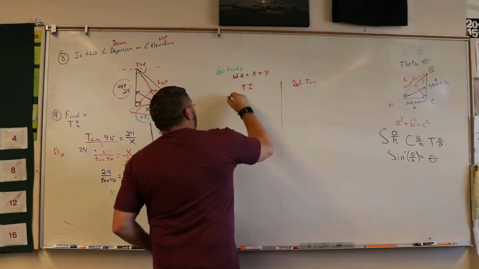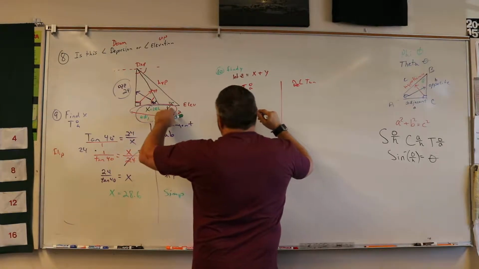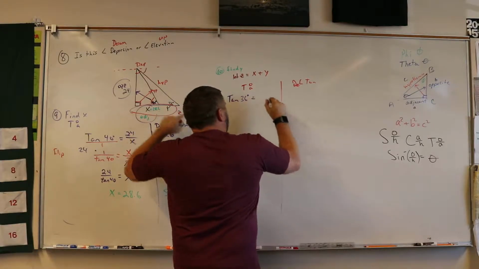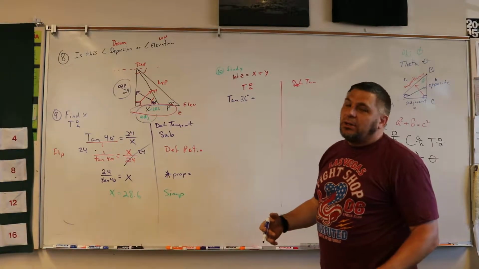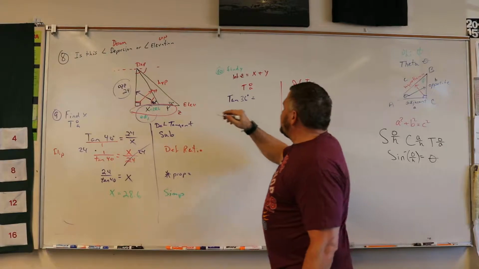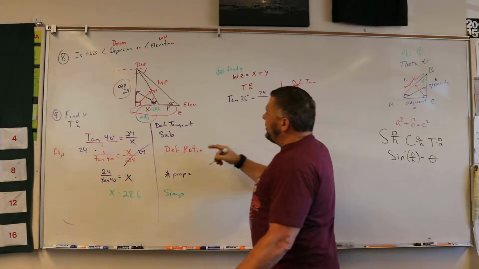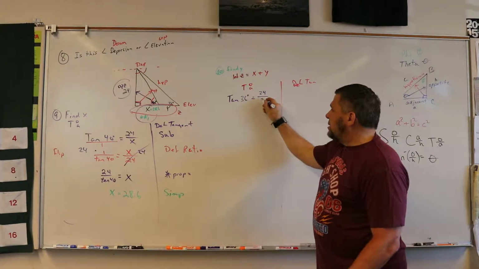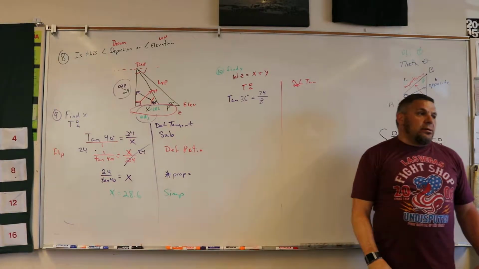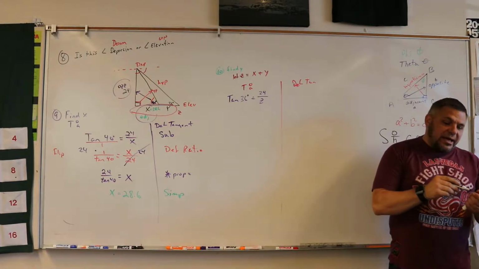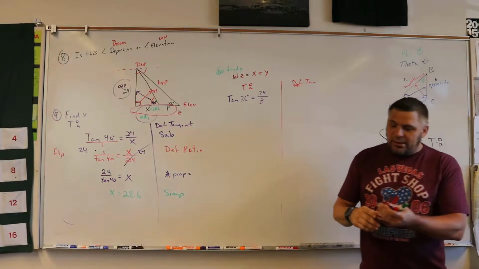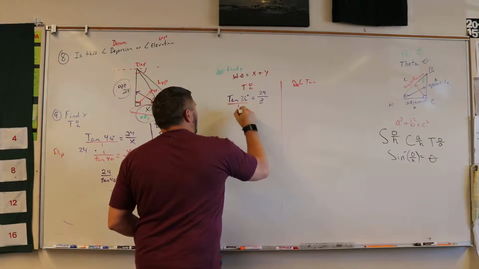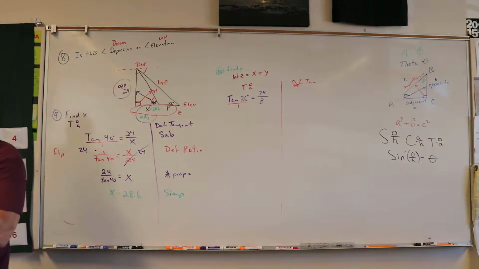Well, tangent of 36 in this case is equal to opposite, which is 24, over z. Okay? Now what are we going to do to that? How do we solve for z? We flip it, right?